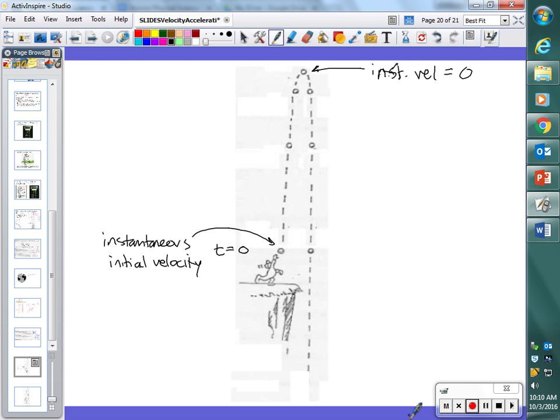But the acceleration is not 9.81 because that's not the acceleration on the moon. The acceleration on the moon is about 1.6. So it is true that its velocity is 0 and its acceleration isn't. It's just a matter of what the acceleration is at that location. If we were on Earth, 9.81 would be it. All right, good there? Okay.